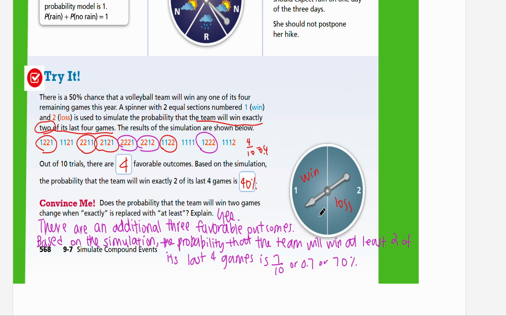So 70% is a lot higher than 40%. So it will more likely be true.